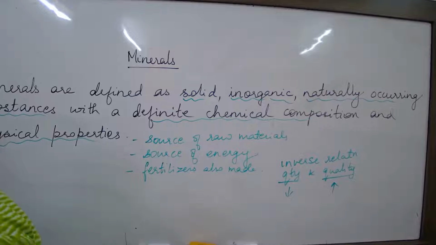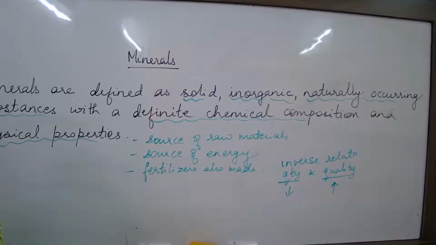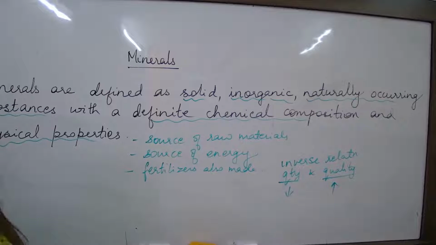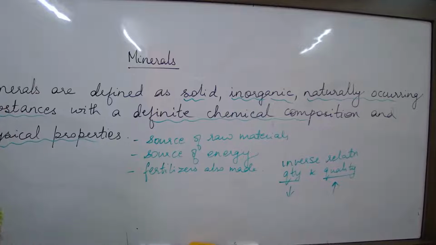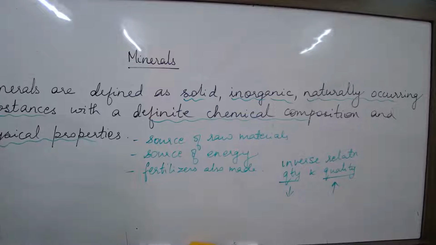Okay, malleable and ductile means, ductile means it can be made into thin wires, malleable means it can be beaten into thin strips. For example, if you see this copper, yeah, this is ductile.